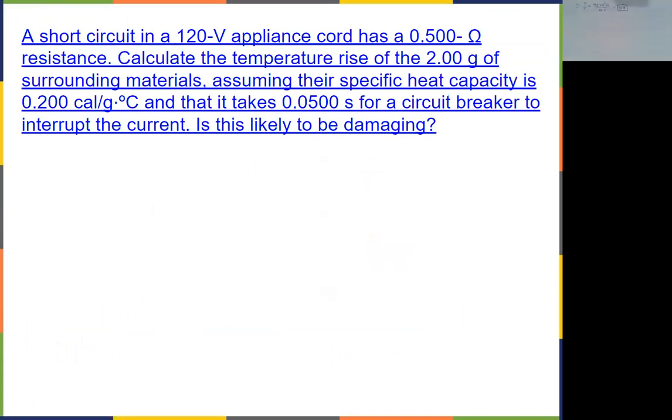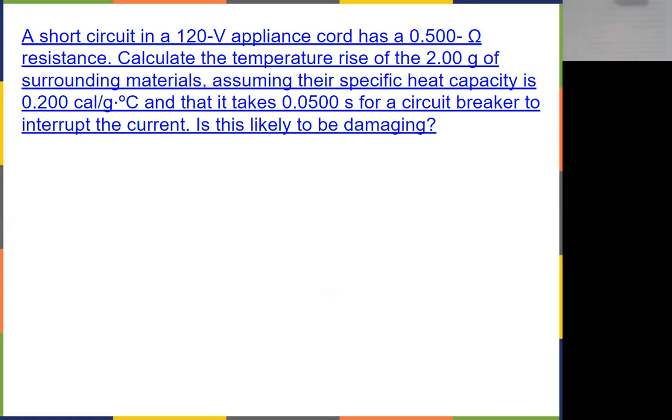So we'll take a look at one example here. This is associated with thermal hazards. Let's take a look at real numbers to see what the temperature would be for a particular case.